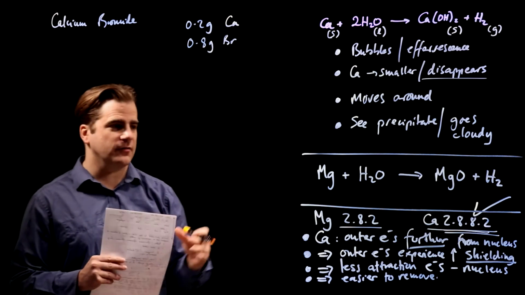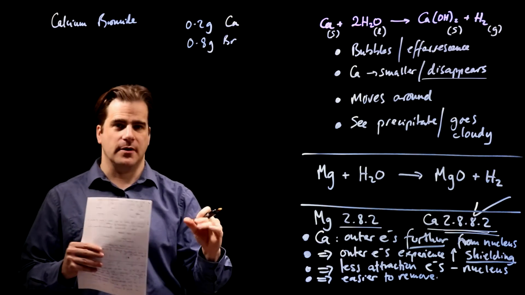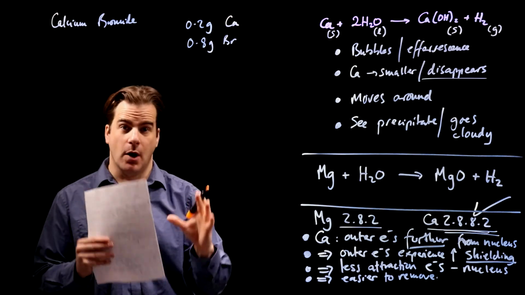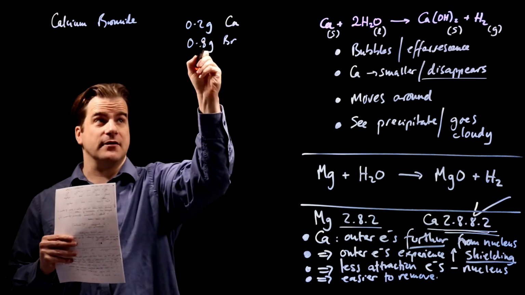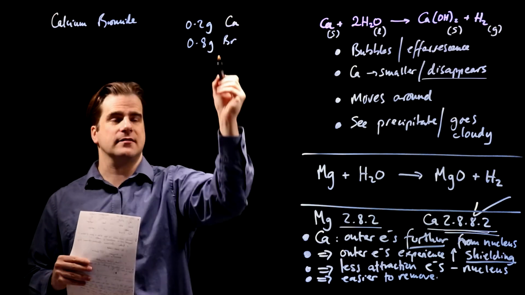The empirical formula, that's the one with just the simplest ratios, okay? Not the molecular formula, but you have to find just the ratio in molar terms. With the given mass, we have to calculate the molar terms, the relative number of moles of calcium and bromine.